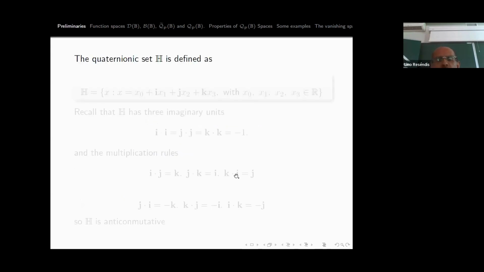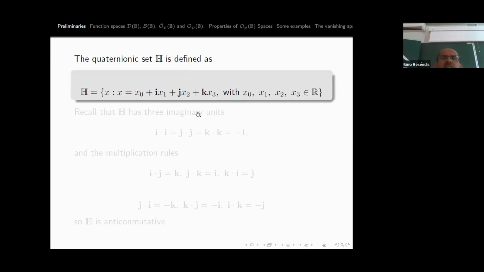First of all, we work with the quaternionic set that we denote by H, defined as the set of the points in R4. We write these quadruple points in the quaternionic sense as x0 plus e x1 plus iota x2 plus k x3.